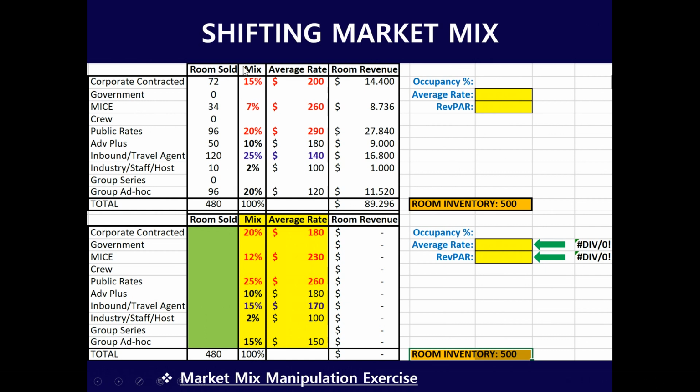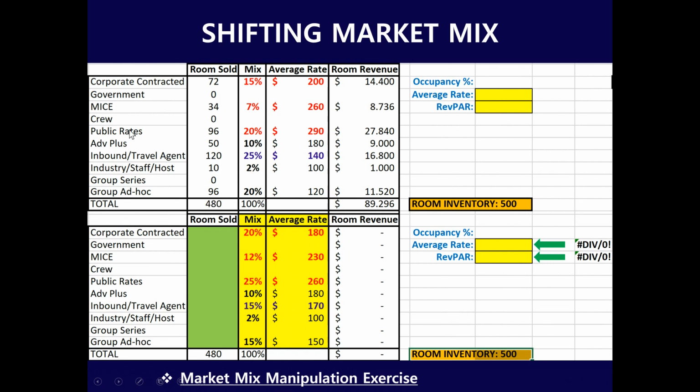If you see the current market segment mix, 15% of the total business is coming from corporate contracted, 7% from MICE, 20% from public rates, 10% Advantage Plus, 25% from inbound travel agent, only 2% from industry staff rate and so on, and 20% of the business is coming from group ad hoc.